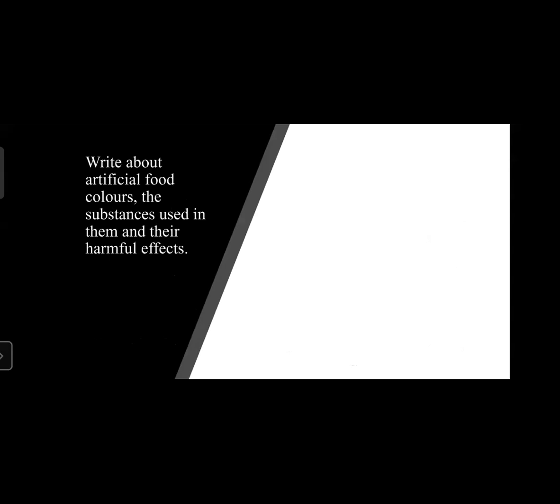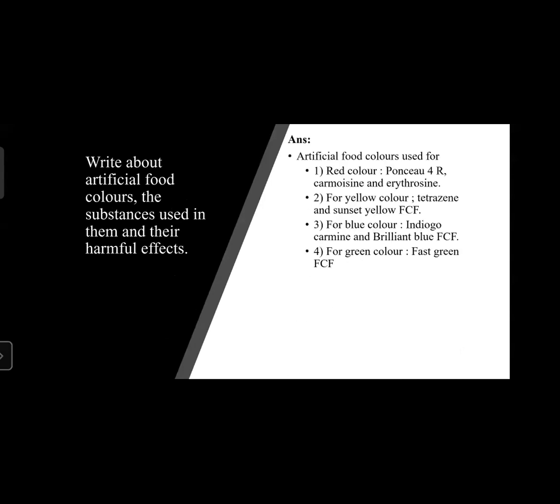Write about artificial colors, the substances used in them, and their harmful effects. Answer. Artificial food colors are used for red color, yellow color, blue color, and green color also. Excessive consumption of those colors can be detrimental to health.